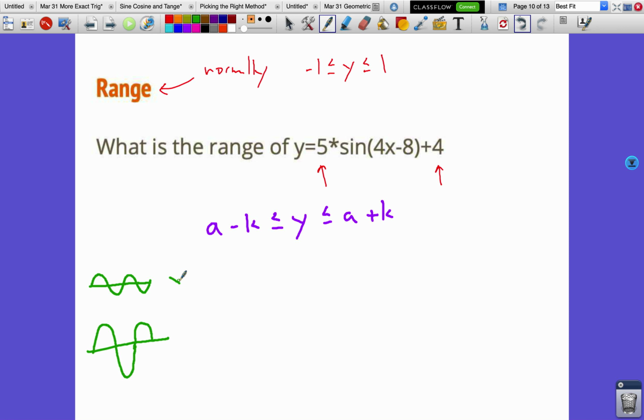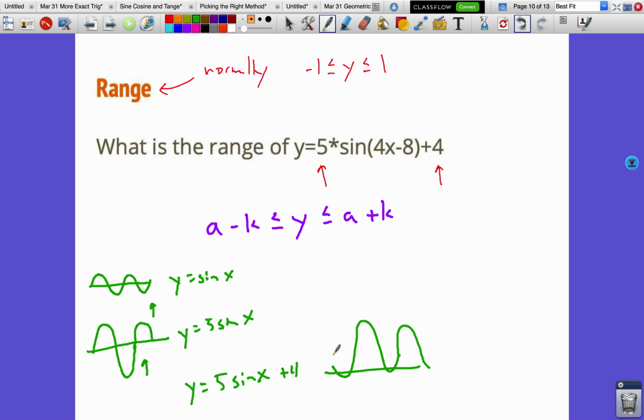So that's just y equals sine x. Y equals 5 sine x. And then when we shift everything up 4, all of these shift up 4, and we get y equals 5 sine x plus 4, now being kind of like up here-ish.